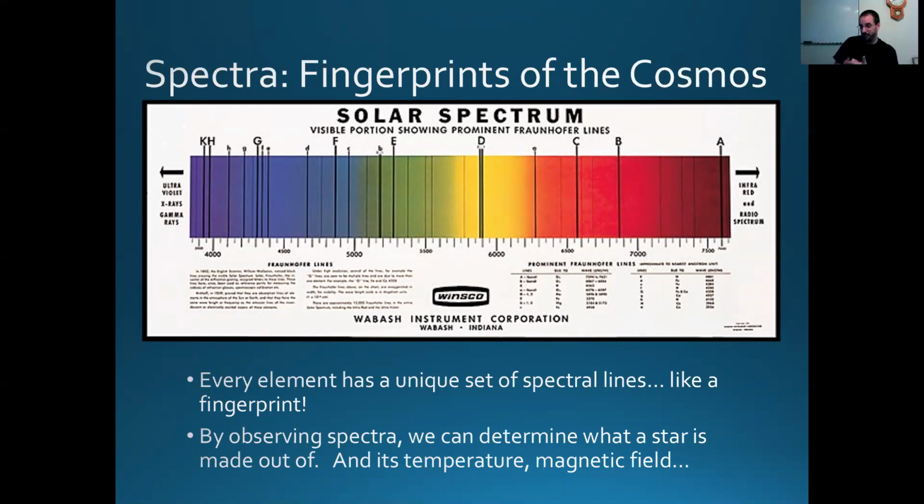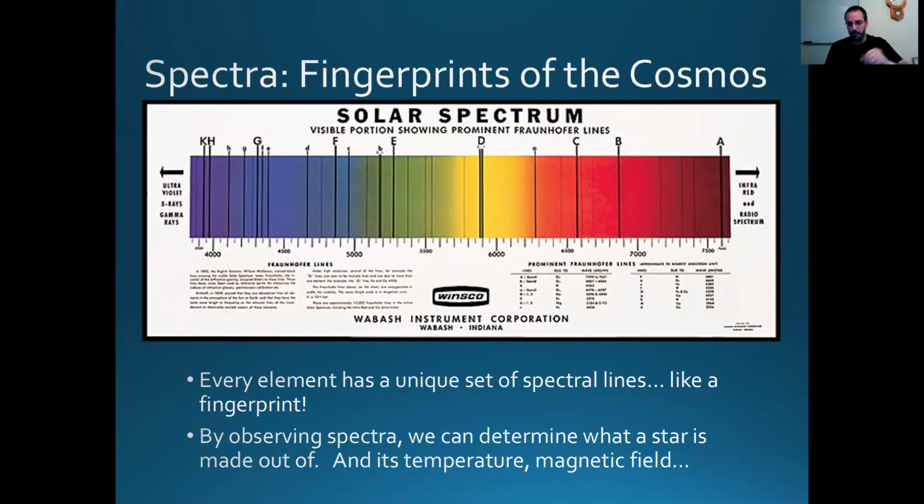We can also make estimates of the temperature. We can make estimates of the pressure. We can also detect electric fields, magnetic fields, the strength of the gravitational field, because all of these things have very characteristic effects on the spectrum. And this really relates a lot, because what we can do is we can take the spectra of stars and we can directly relate that to spectra that we measure in the laboratory. We can take gases, heat them up to high temperatures, measure the light they give off.